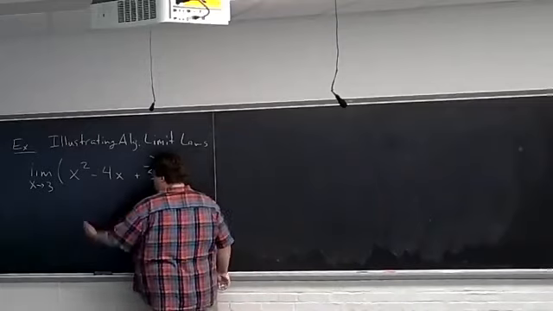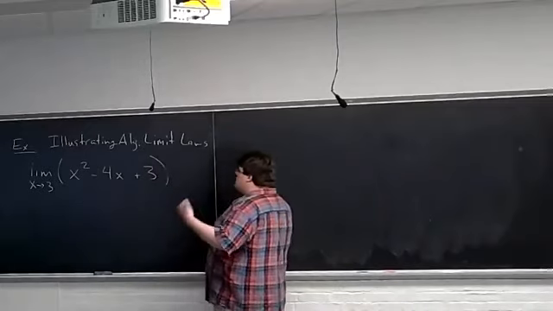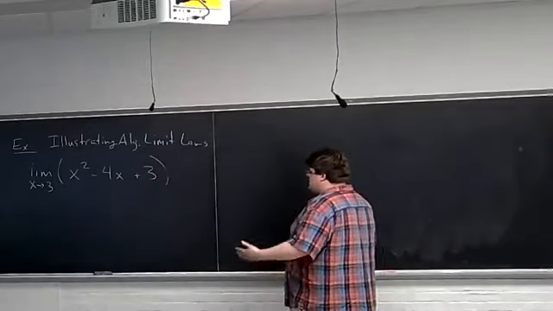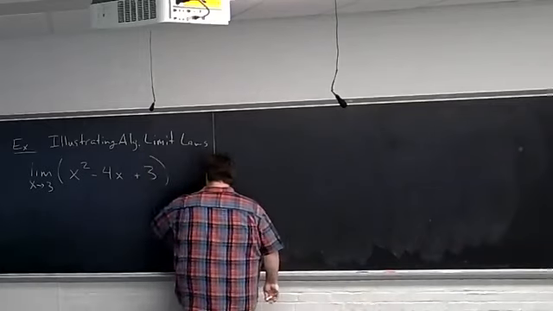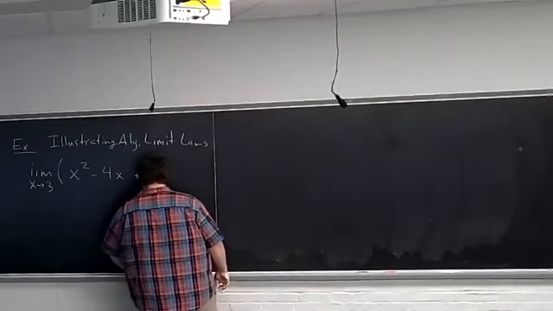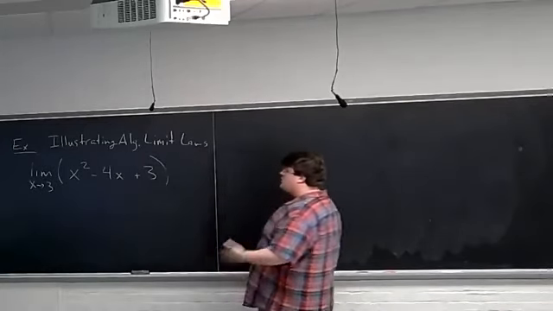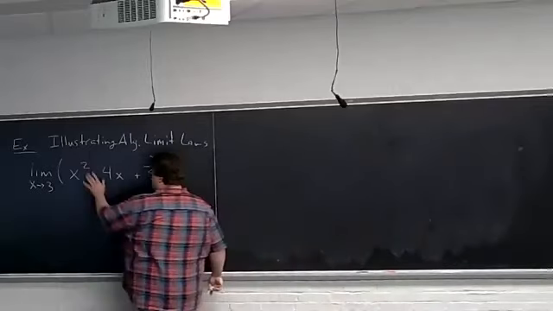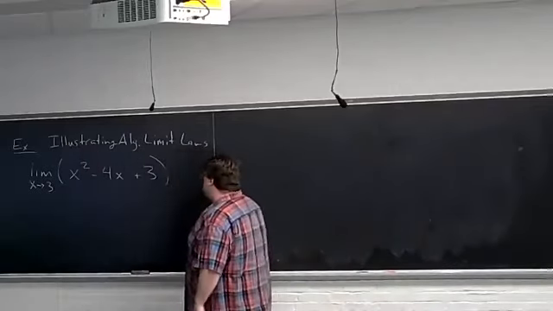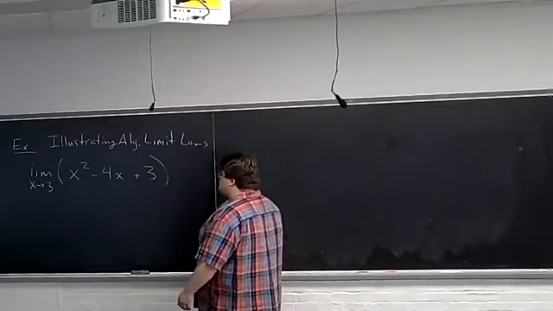Well, it could matter if you want to graph this, but graphing a parabola like this is kind of a chore with completing the square. So what we can do instead is use the algebraic limit laws, and we're not going to have to make reference to a graph. Now, what if I gave you a degree 5 that you couldn't graph yet? Well, then you would need to use the algebraic limit law.